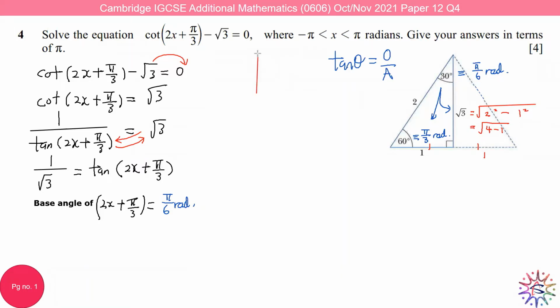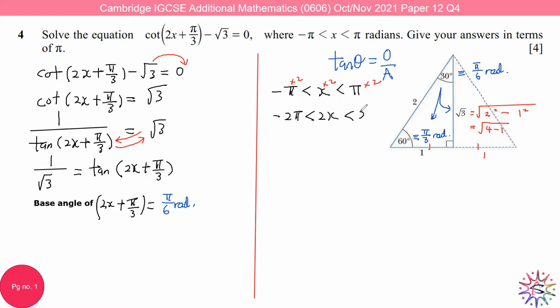So next, we will develop the range of this angle, 2x plus pi over 3. First, we will copy the range of x. x is greater than negative pi and less than pi. Next, we will multiply each side by 2. So we have the range of 2x, which is greater than negative 2 pi and less than 2 pi.